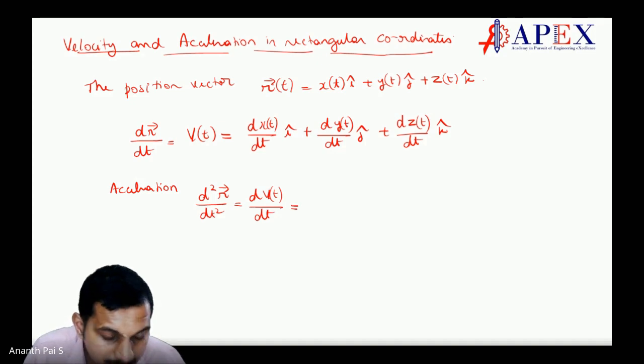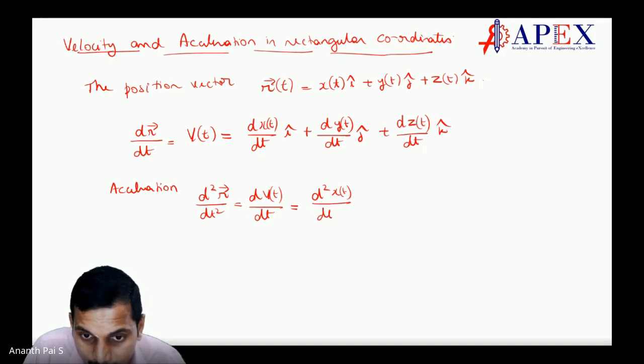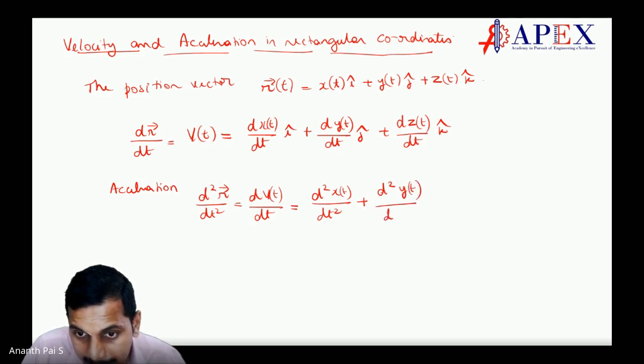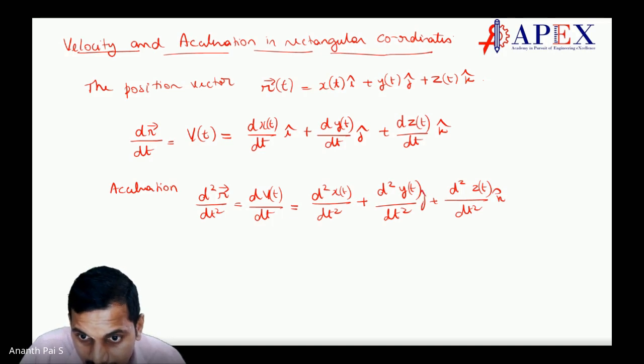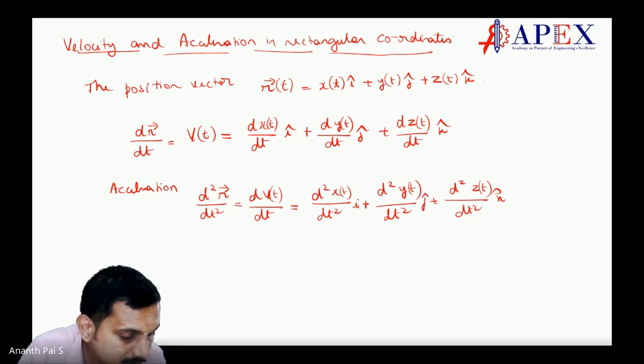Now this will be equal to d square x of t by dt square i plus d square y of t by dt square j plus d square z of t by dt square k. I missed that. Correct? i, j, k. Makes sense? Simple and straight.